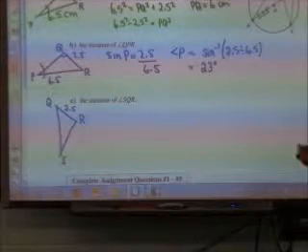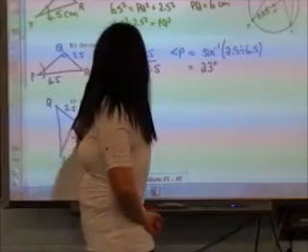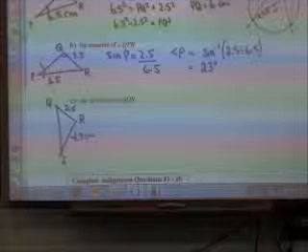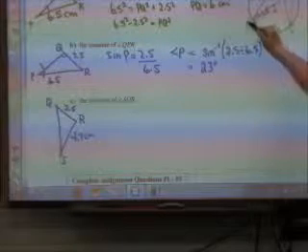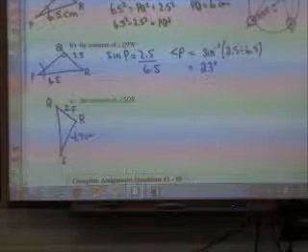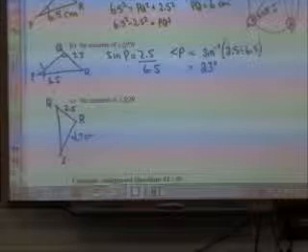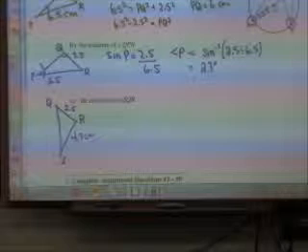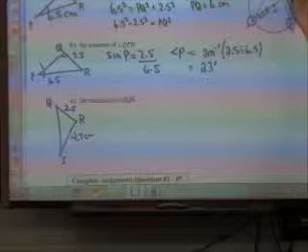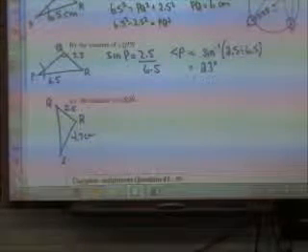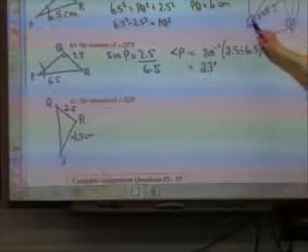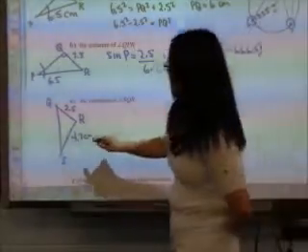Oh, right, because that was given to me. What can you tell me about angle P and angle Q or angle S? Why are they equal? They both are inscribed from that same arc. So they both come from arc QR. So that means that angle S would have to be 23 degrees.